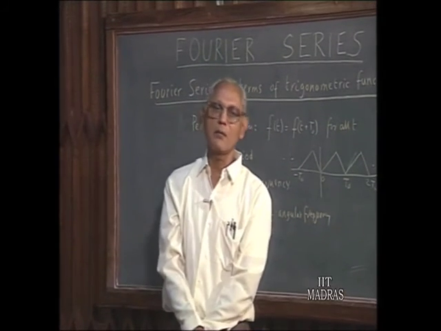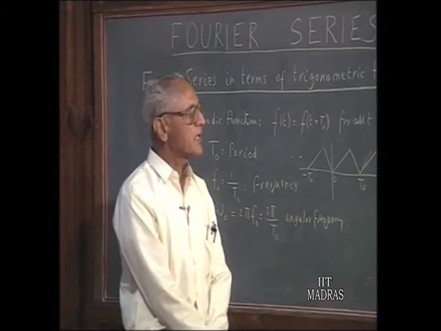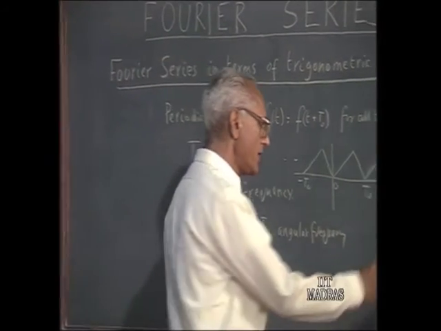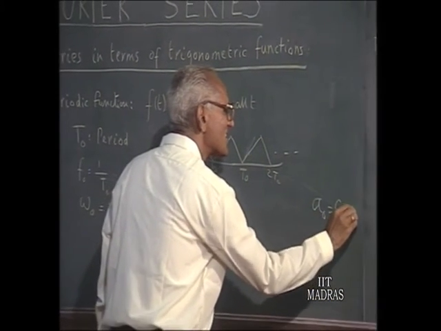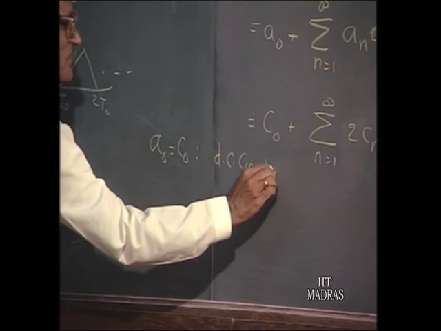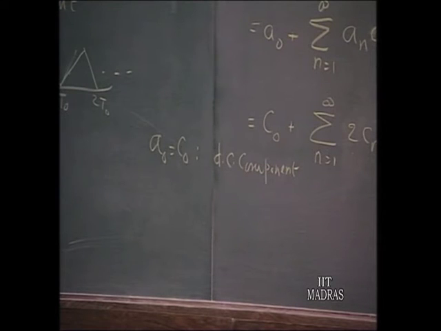They are all integral multiples of the basic frequency omega naught, so they are called harmonic frequencies. A naught, which is also equal to C naught, is called the DC component of the signal because it's a steady value.